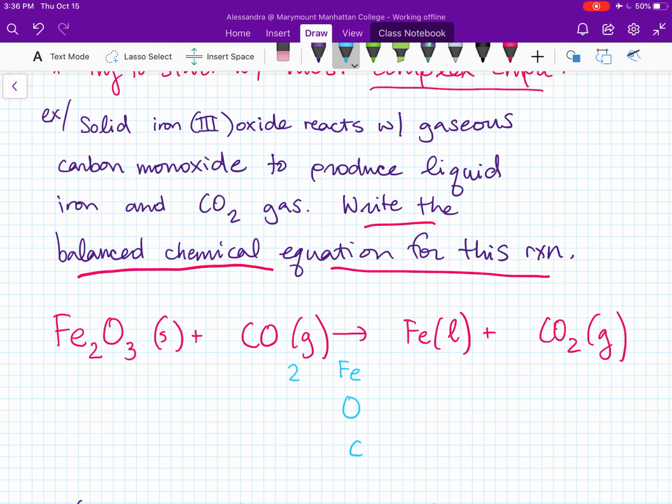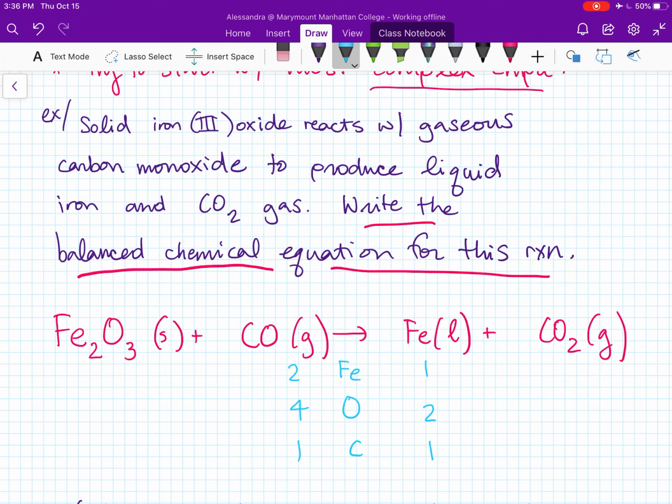So I have 2 irons, 3 plus 1 is 4 oxygens, and 1 carbon on the left. On the right, I have 1 iron, 2 oxygens, and 1 carbon. So it looks like the carbons are in balance, but the irons and the oxygens are out of whack.